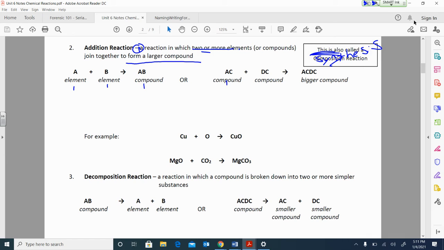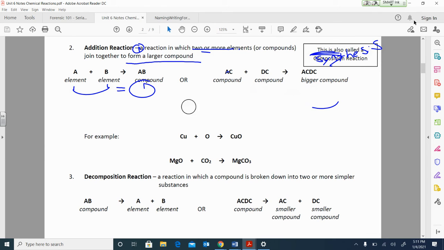It could also be two elements with another compound that bonded to become an even bigger compound. That's still an addition reaction. You have to have little things that join into one big thing. So I have to add more than one thing that adds into one bigger one.